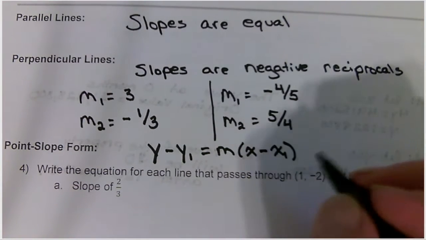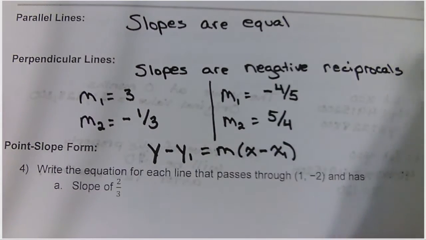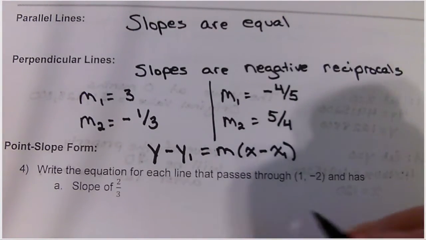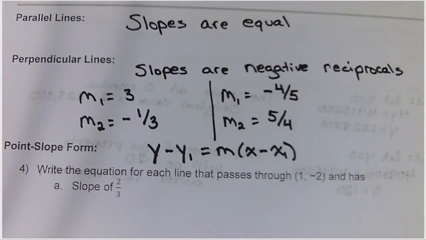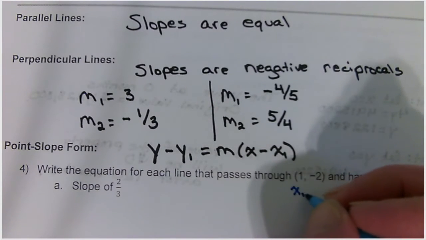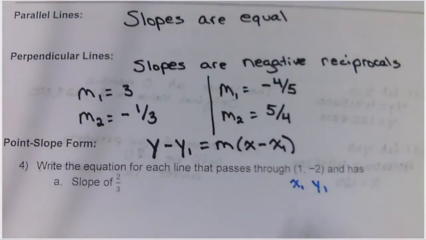Okay, and so the x1, y1 is any point on the line, and m is, of course, my slope. So for these examples, we're going to use these as my x1, y1.